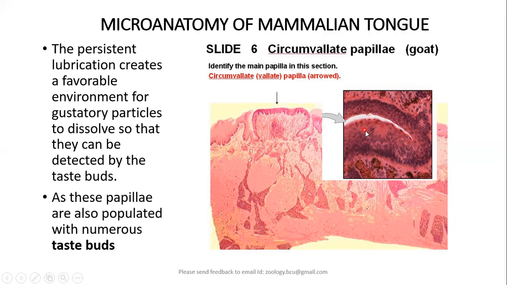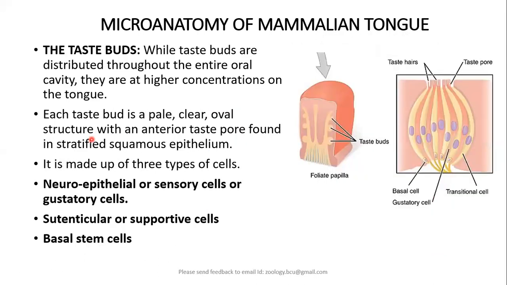So therefore, these papillae are also thickly populated, or they show a lot of taste buds. Coming to the brief structure of taste buds. Though taste buds are present in the entire oral cavity of the animals, their concentration is highest on the tongue.